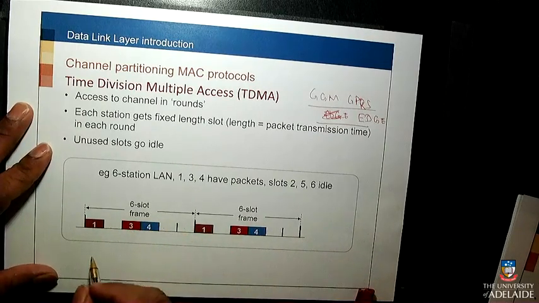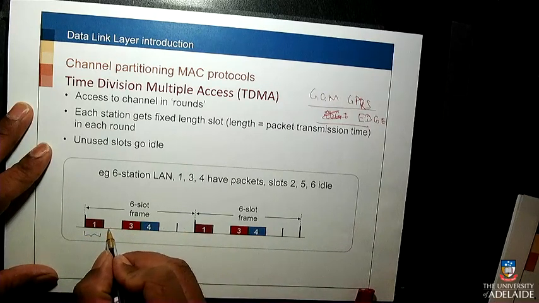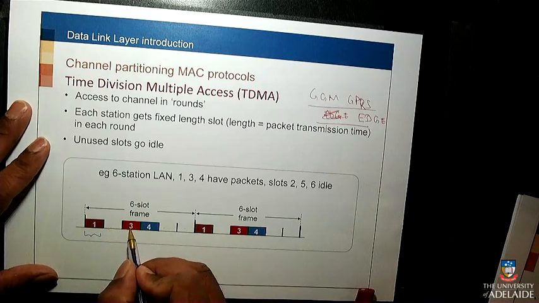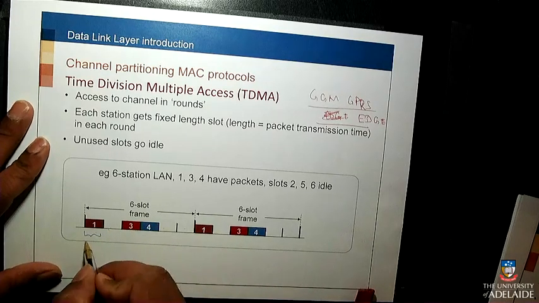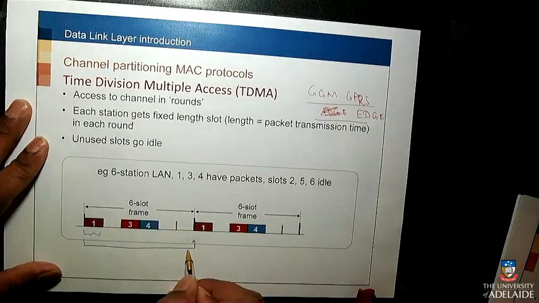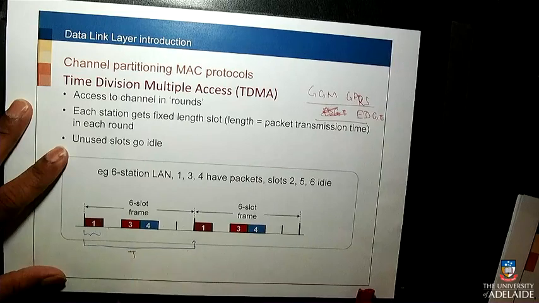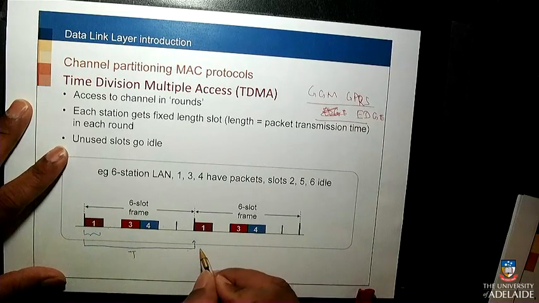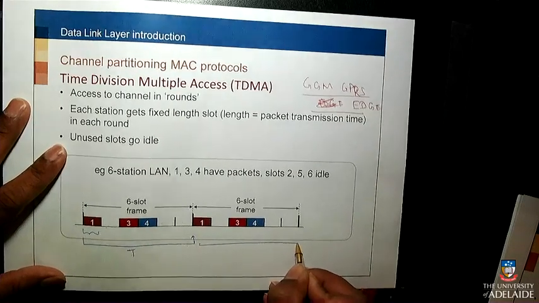You're only allowed to transmit during this time period for user 1. User 2 obviously has nothing to send, so it's empty. User 3 has something to send. User 4 has something to send. So the next time you're allowed to transmit is after this slot interval.